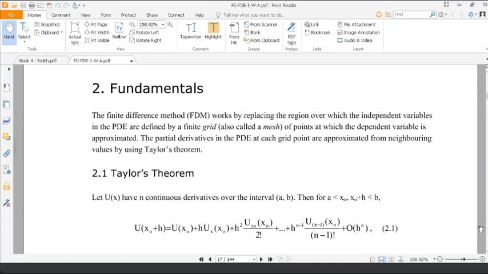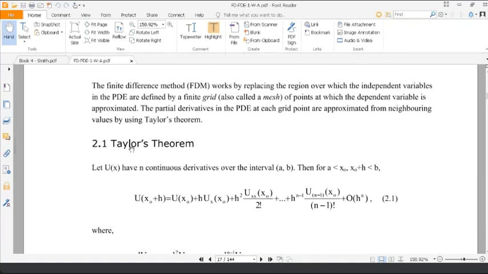The basis of the finite difference method is Taylor's theorem. On this page, you can see Taylor's theorem, and together we will study this.